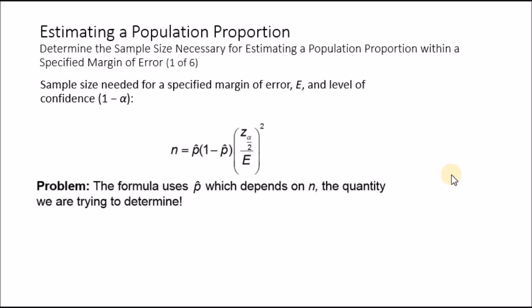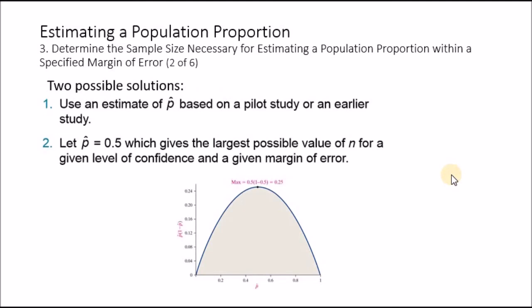The formula uses p hat, which depends on the sample size, the quantity we are trying to determine. Two possible solutions: we're going to use an estimate of p hat based on a pilot study or an earlier study, or we're going to let p hat be equal to 0.5.